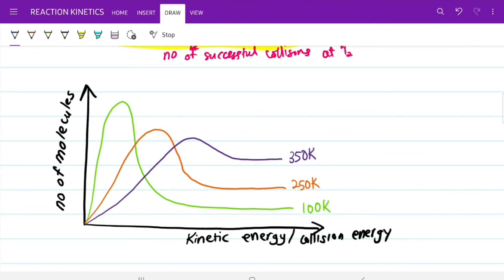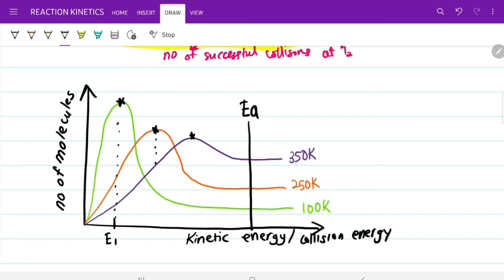Okay, as you can see again, let's say this is the activation energy for the chemical reaction. These three different peaks, the first peak, second peak and third peak, represent the greatest number of molecules having that average kinetic energy. According to the 100 Kelvin curve, most of the molecules have an average kinetic energy of E1.